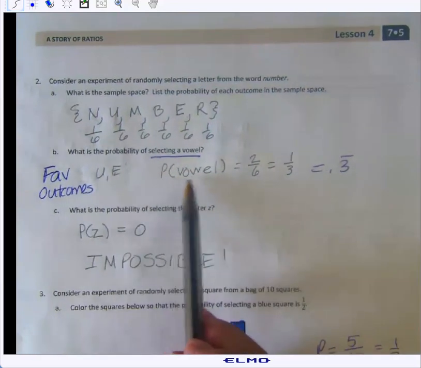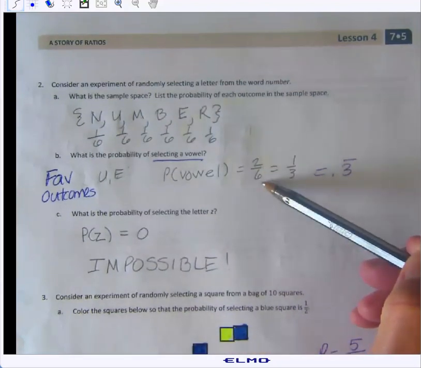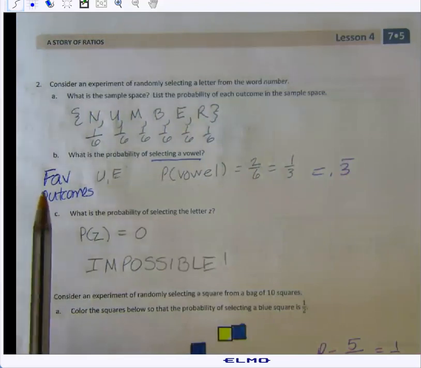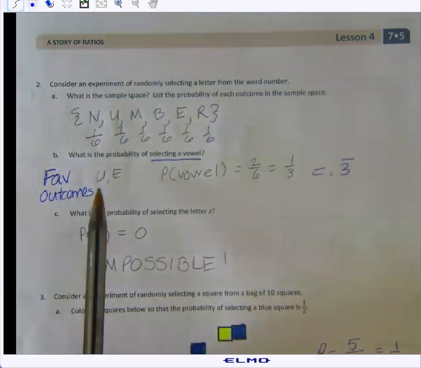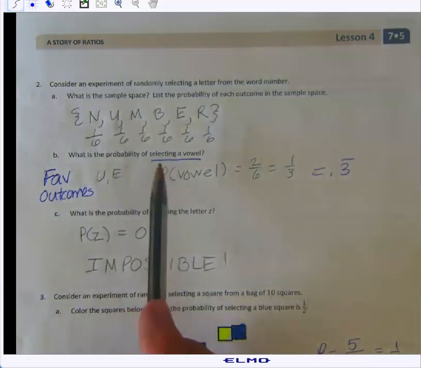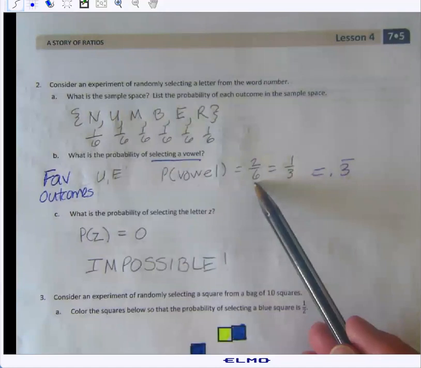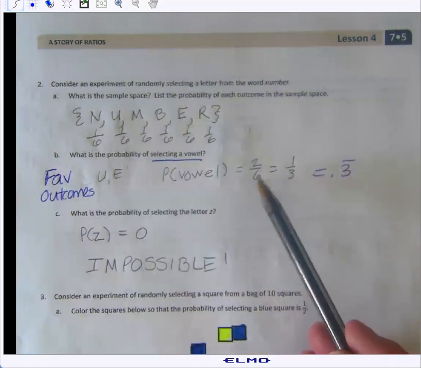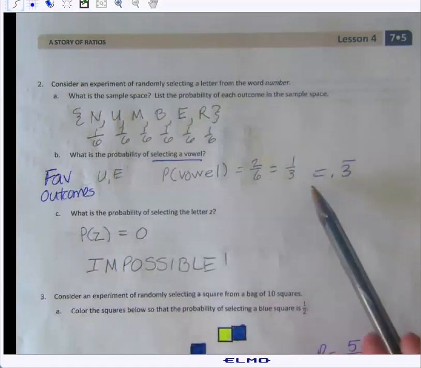So we would say the probability of getting a vowel would be 2 out of 6. Okay, so listen to the language. I know I'm repeating myself a lot, but I'm doing it on purpose. There are 2 favorable outcomes if we're looking for the probability of selecting a vowel out of 6 possible outcomes. 2 are favorable out of the 6 total. That reduces to 1/3 or 0.3 repeating.